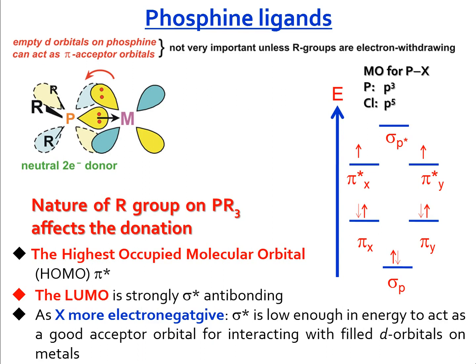We have another condition to have back donation from the metal to this vacant site: the metal must be rich in electron density. So the back donation has two conditions. First, we must have on the ligand an orbital to accept electrons, and second, the metal should be rich in electron density.